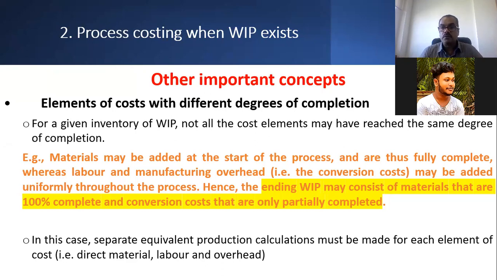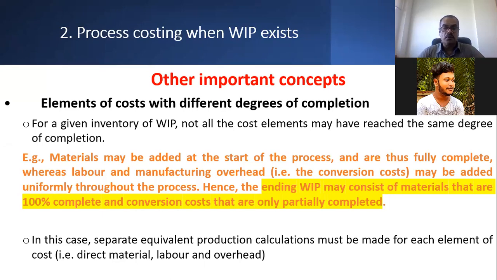But in the case of labor and other overheads, completion may be different. Labor completion may be 50%, overhead completion may be 20%. So it varies. Real life, as I just told you, is really a complicated process. If you have a very good computer program or application, values can be ascertained reliably.